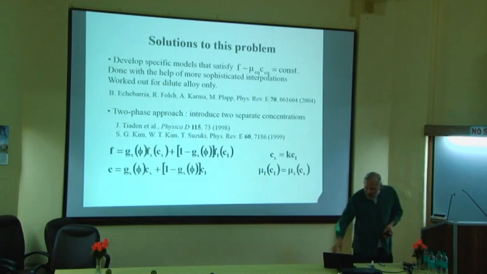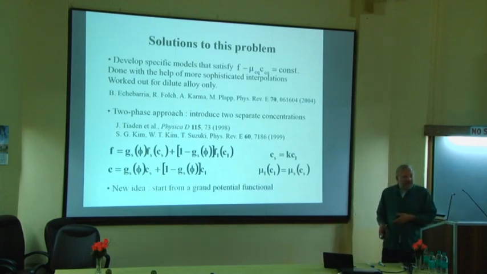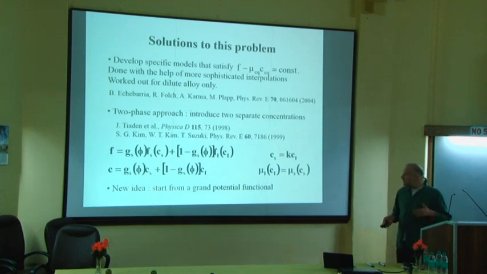So then in 2011, actually, both myself and Abik had about the same idea. The idea is, okay, well, maybe one can write down a different model where you don't start from the free energy, but you start from this grand potential that is this function F minus mu c.